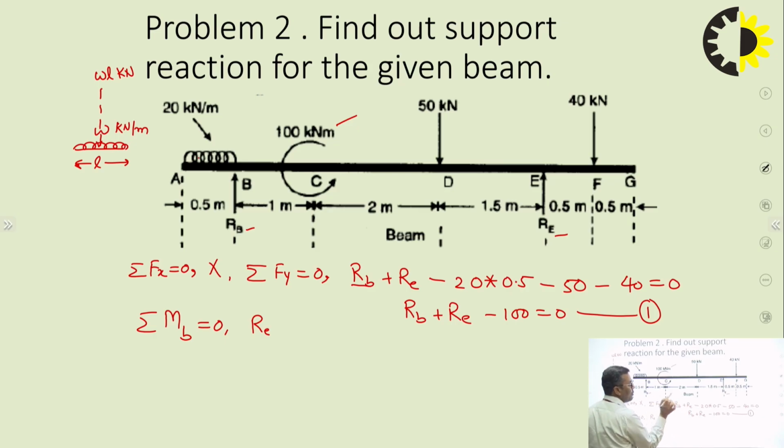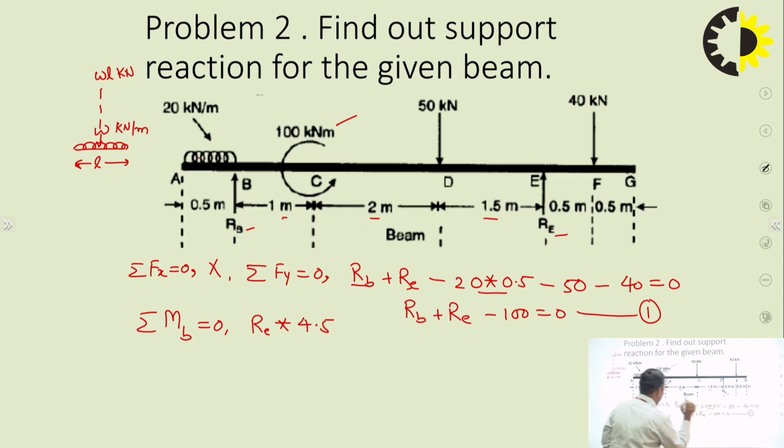What is the perpendicular distance of RE from point B? 1, 2, 3 and 1.5. So how much is the perpendicular distance? 4.5. So RE into 4.5. What will be the tendency of rotation? Anti-clockwise. So I am taking it positive.